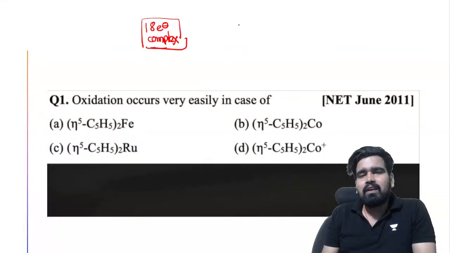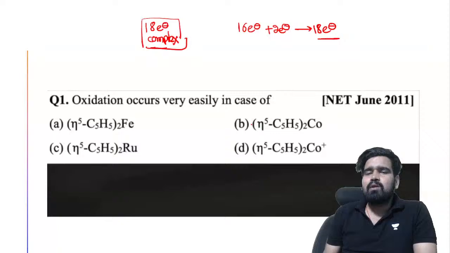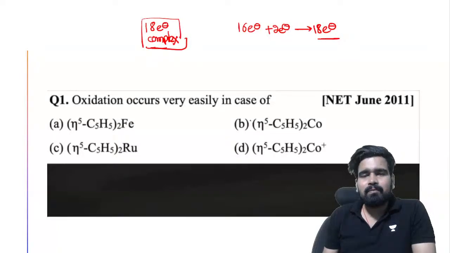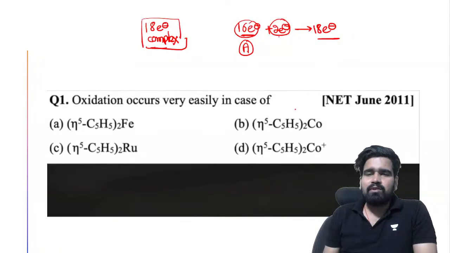For example, if there is a 16 electron complex, then the complex will try to gain 2 electrons and it will become an 18 electron complex, and that will be stable in nature. Gain of electron is known as reduction. So a 16 electron complex, for example complex A, gains 2 electrons to get 18 electrons. So this complex A is showing reduction.